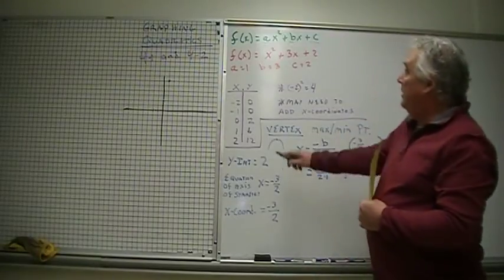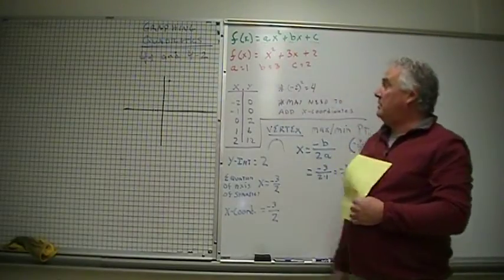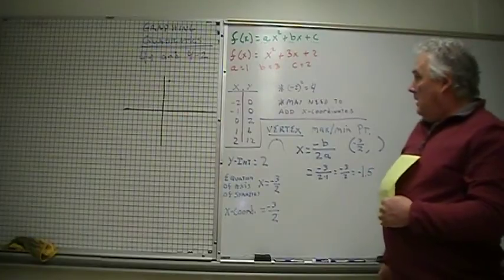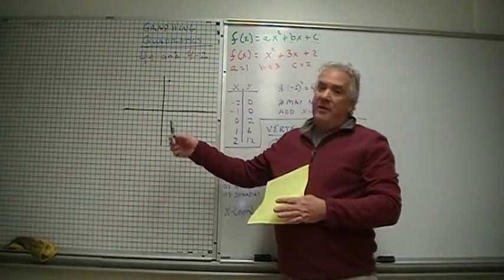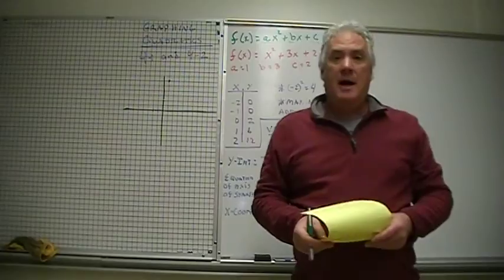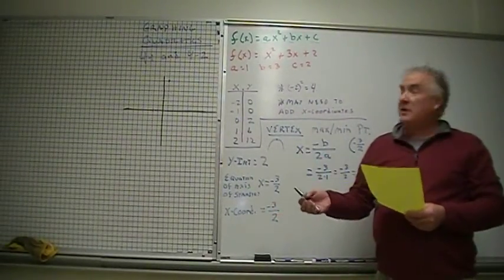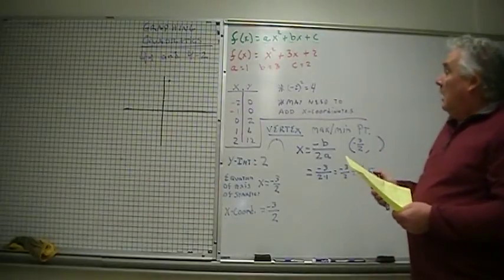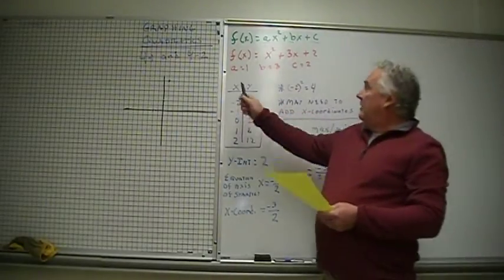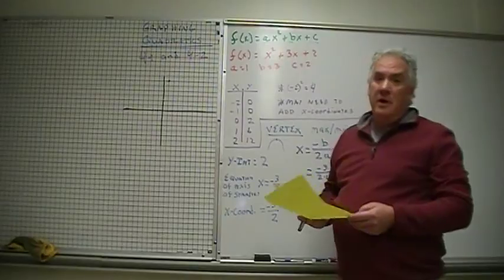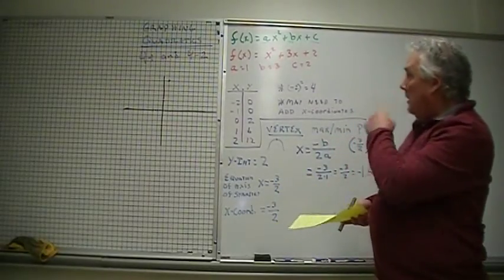You'll deal with higher level exponents next year. And so when we graph them, the shape is not a line, it's a parabola, it's a curve. So we're going to work on what a graph looks like and how to deal with the quadratic function today.